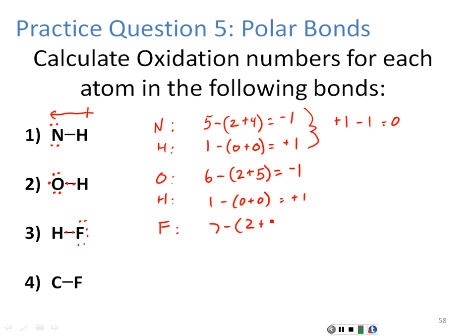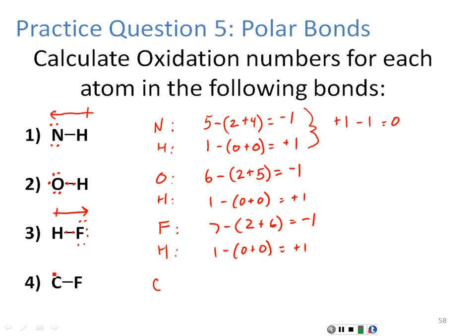And it currently has 6 non-bonding pairs. So it will be an oxidation number of -1. The hydrogen, again, is going to be oxidation number of +1. And if we draw the dipole for this molecule, it'll be going in this direction.